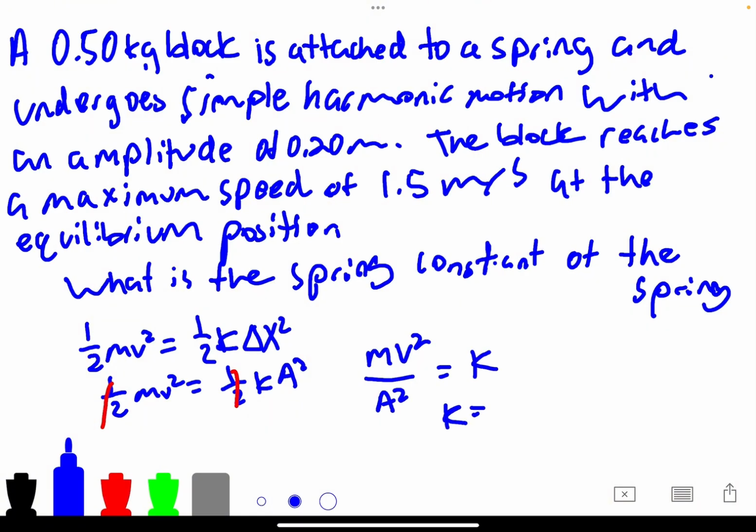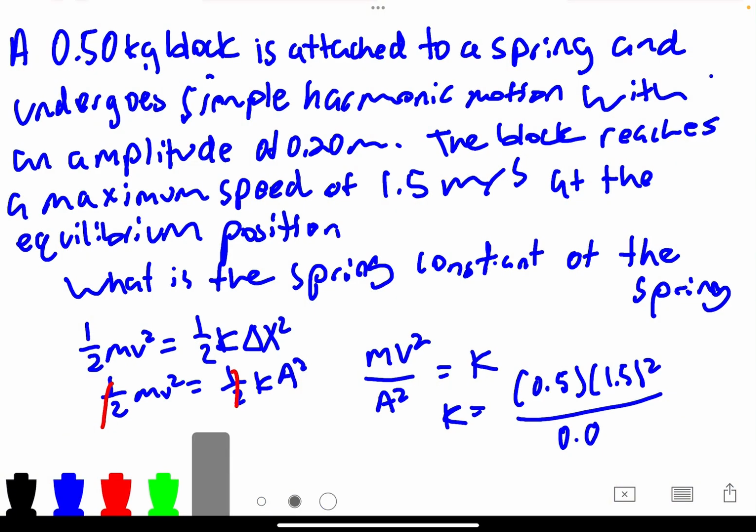So k would be 0.5, and then the velocity is 1.5, so 1.5 squared over the amplitude, which is 0.2, sorry.